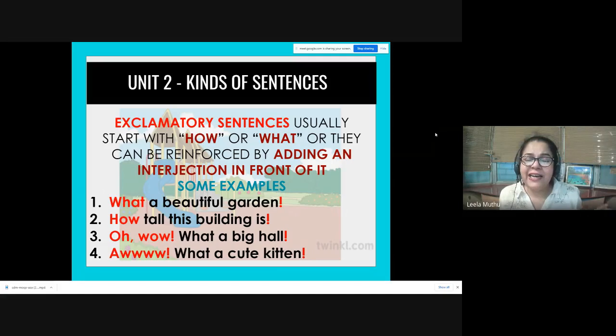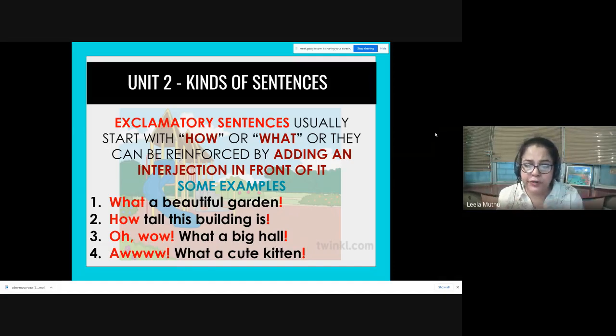Wow. These are short words, interjections, to express strong emotions. They are usually followed by an exclamation mark as well. And when you follow it with a sentence, it explains why you said wow or bravo or hurrah in the first place. So these sentences end with exclamation marks.